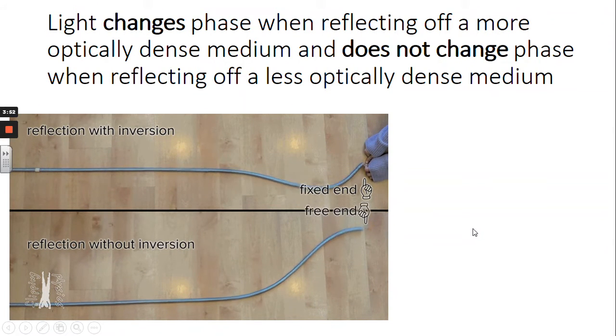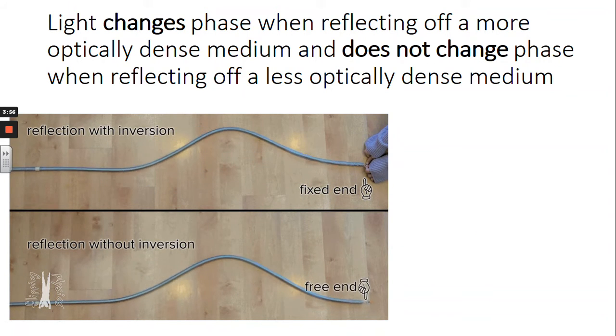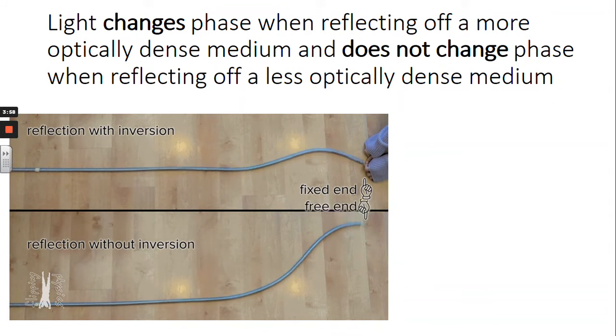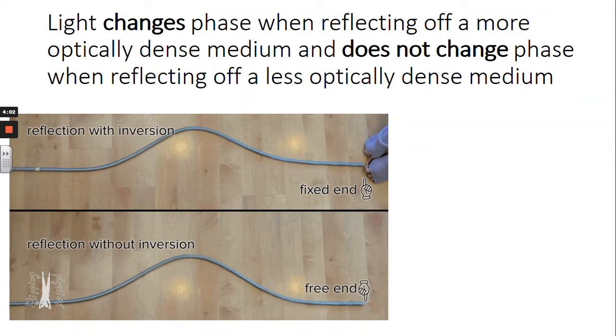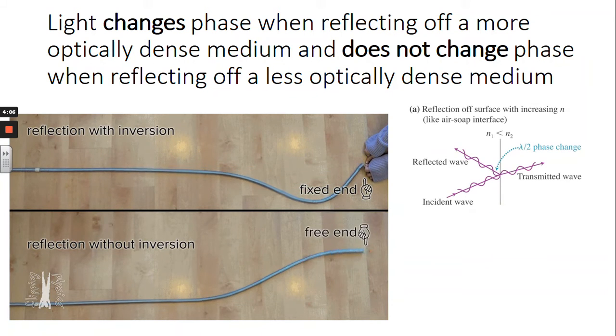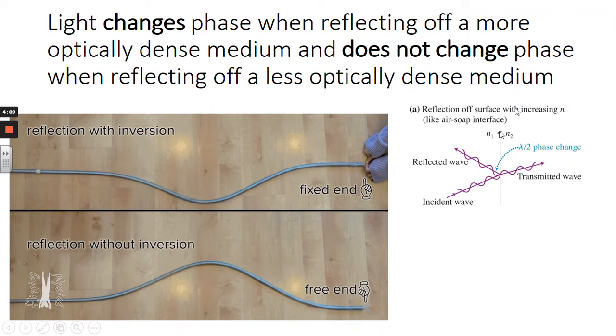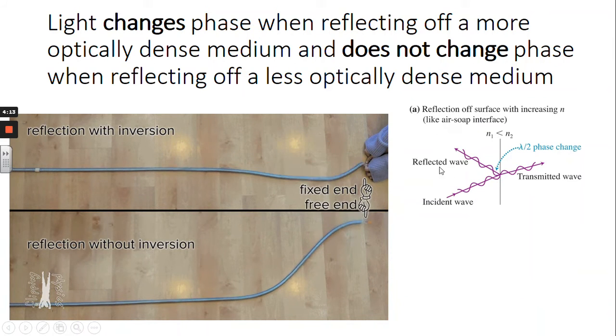So light does something similar. Light changes phase when it reflects off of a more optically dense medium, and it does not change phase when light reflects off of a less optically dense medium. And so here is the light equivalent to what's happening in the animation on the left.